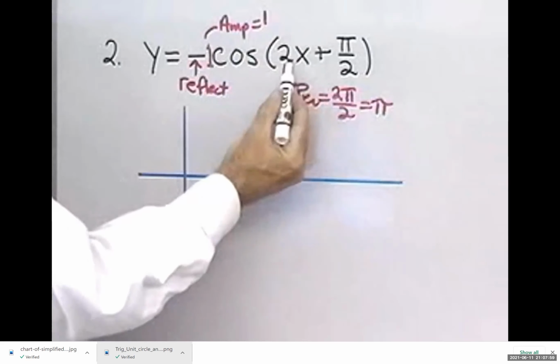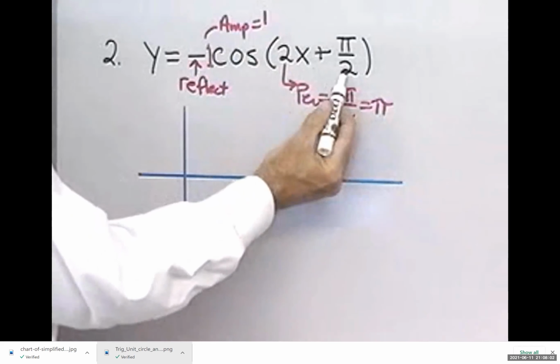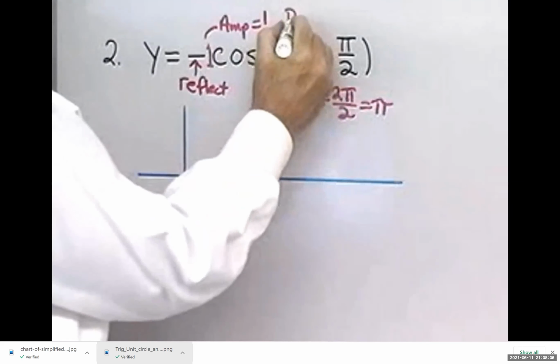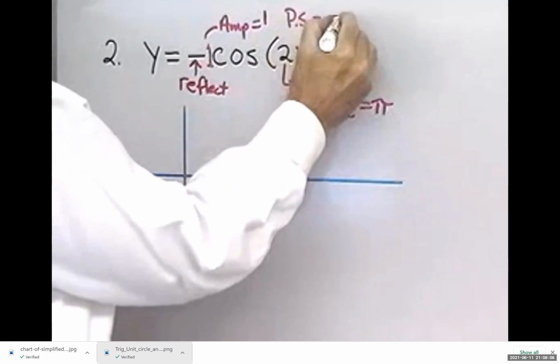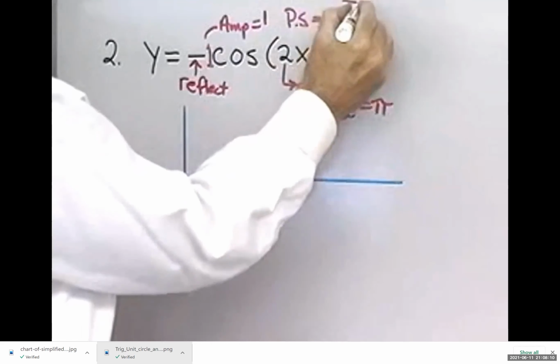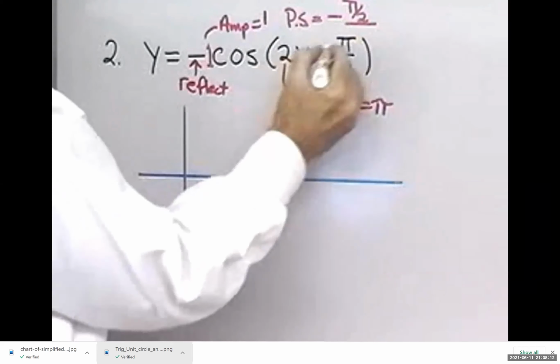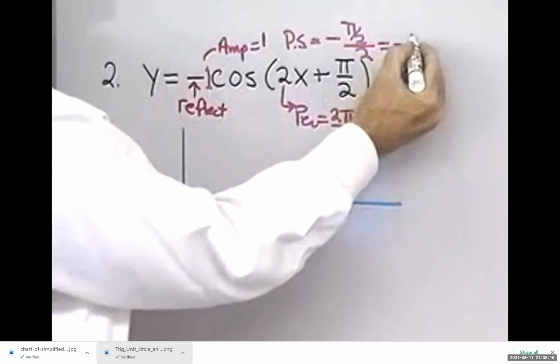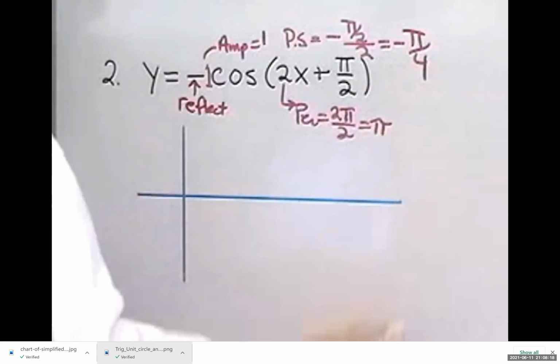And then the combination of this coefficient and this constant term right here will give me the phase shift. So my phase shift is going to be the opposite of this number, pi over 2, divided by this number, 2. So pi over 2 divided by 2, that's going to be negative pi over 4.